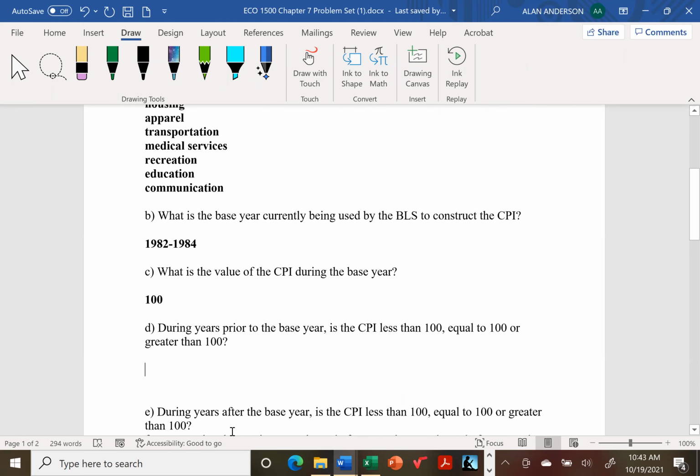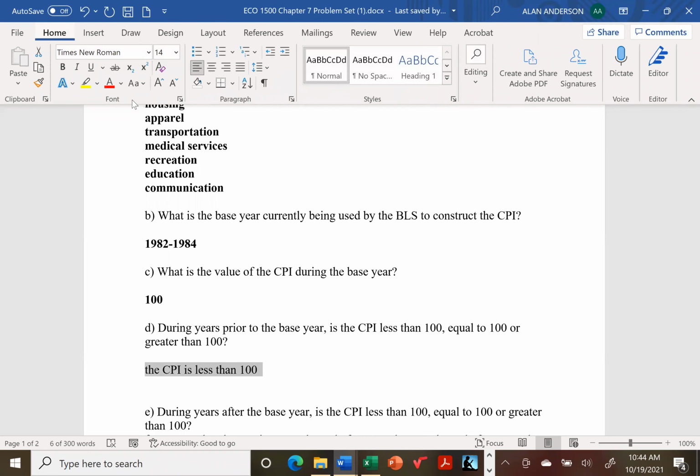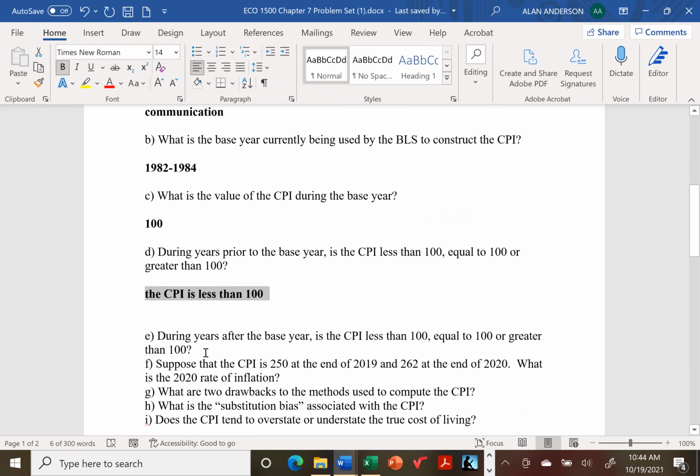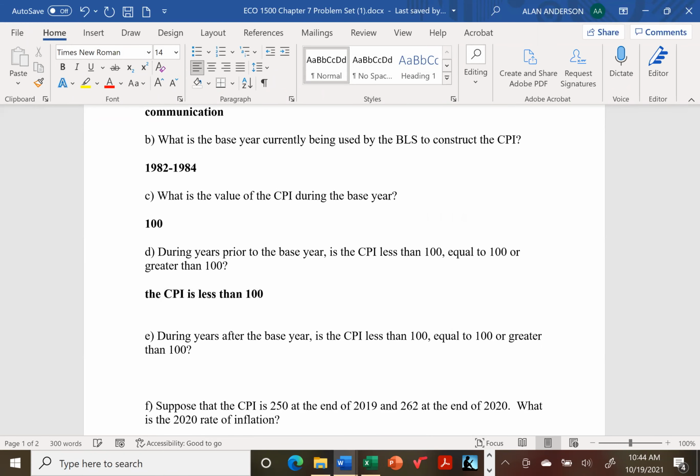Now, as long as inflation is positive, which it almost always is, in the years prior to the base year, the CPI is less than 100. So in other words, if you go back before the base year, let's say the 1970s, the CPI would be smaller than 100. It's exactly 100 during the base year, and then afterwards it goes up.